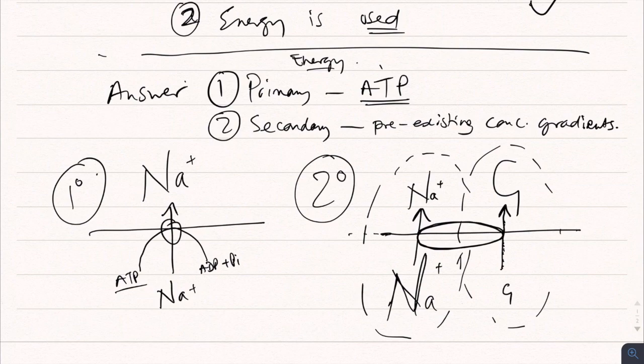So, reading between the lines, ATP must have been used in order to generate the sodium gradient, and then we use the sodium gradient to move glucose against its concentration gradient. So we're not directly using ATP, but we're indirectly using ATP, and therefore we call this kind of transport secondary active transport. I hope you're following me so far.